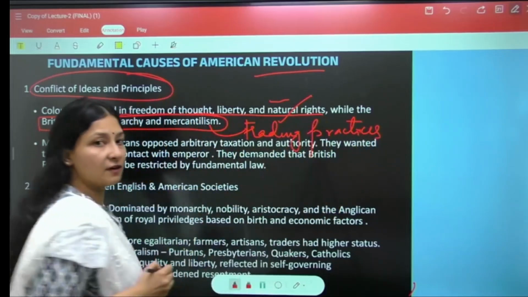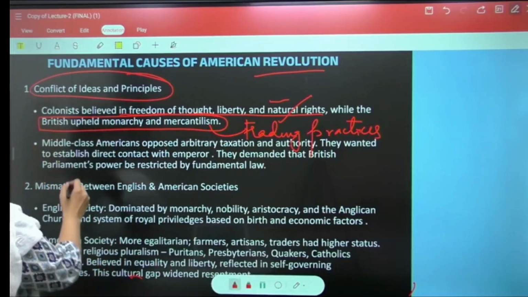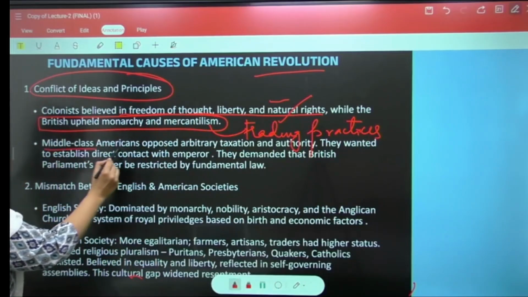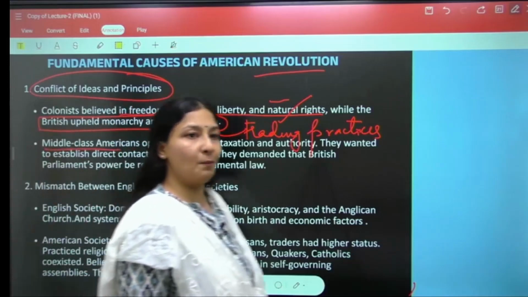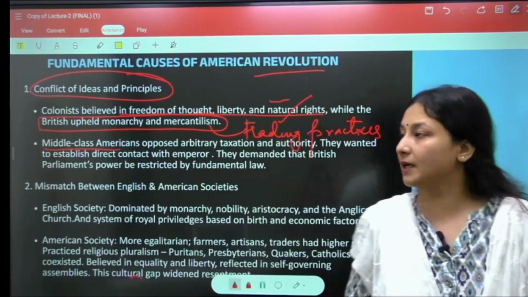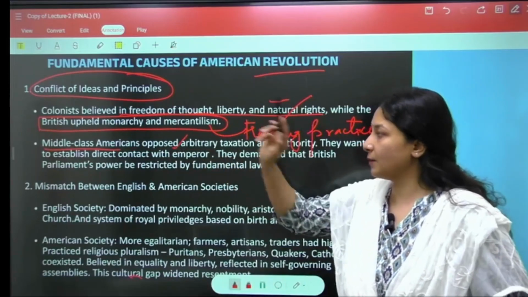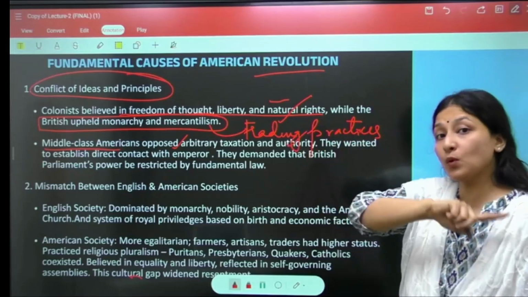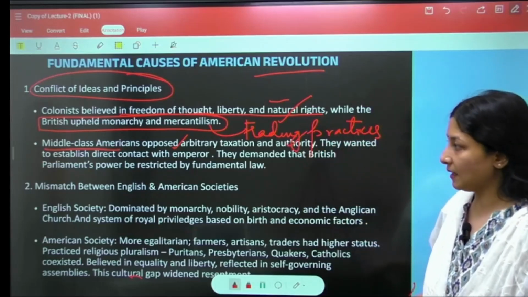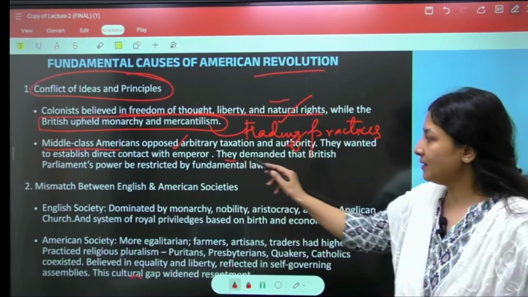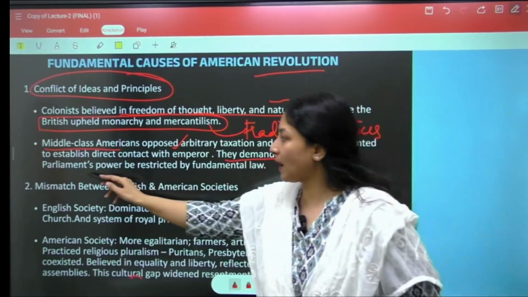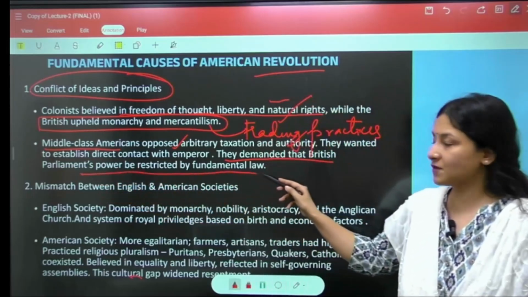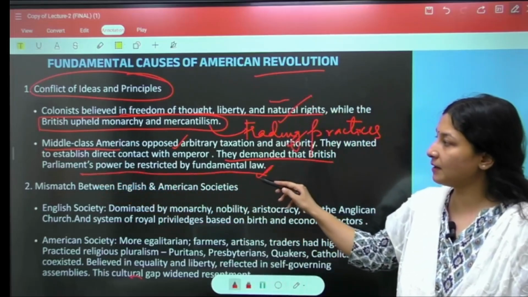They favored that. Apart from this, a person from the middle class is definitely going to oppose arbitrary taxation and the authority imposed from Britain. So they demanded that the British Parliament's power should be restricted by certain fundamental laws.